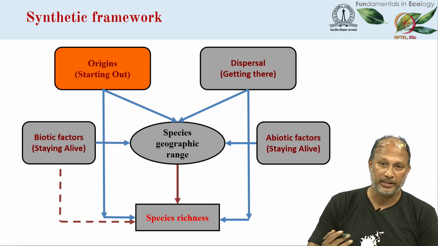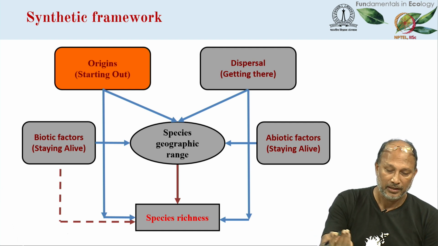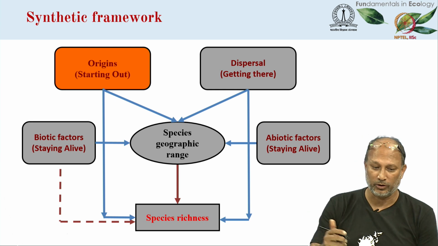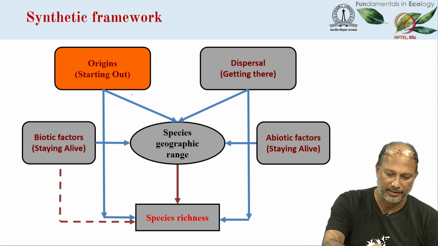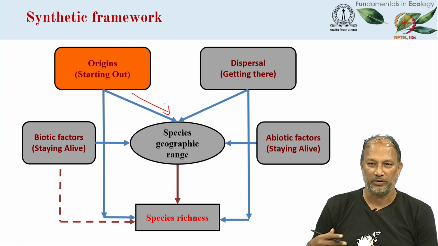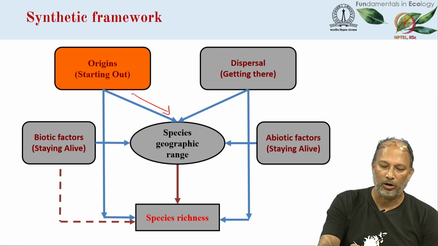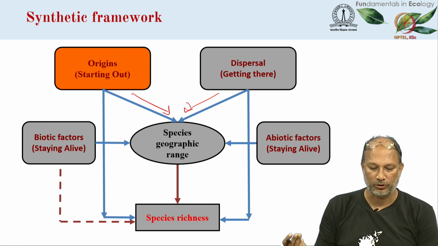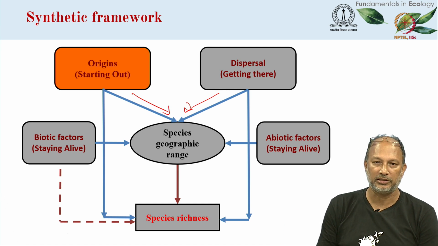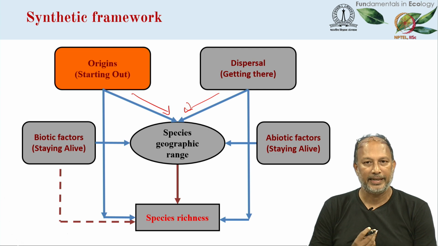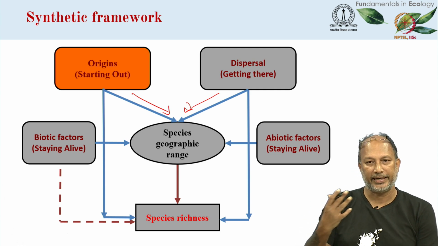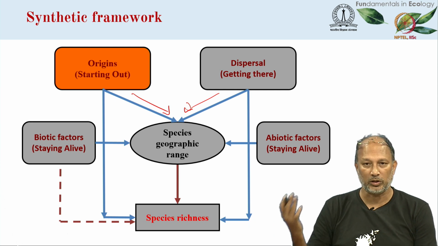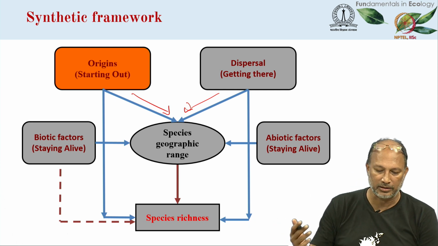But if we start at the beginning, we can say that there are two reasons that can explain why an organism is found at a location. One is that it started out there, so it evolved there, it speciated there, or that it dispersed there either in ecological or evolutionary time. Once it's there, it has to stay alive, it has to persist, and that persistence is mediated by its own traits, but it has to deal with both biotic factors such as competition, predation, parasitism, and so on, and a whole host of abiotic or environmental factors.